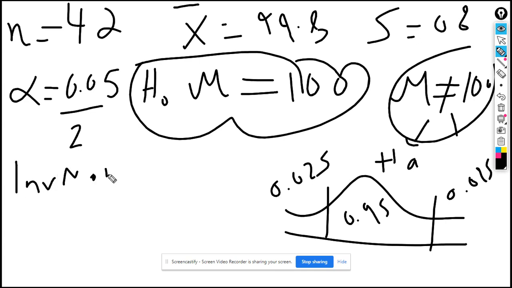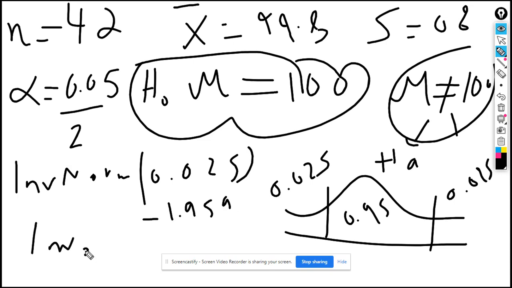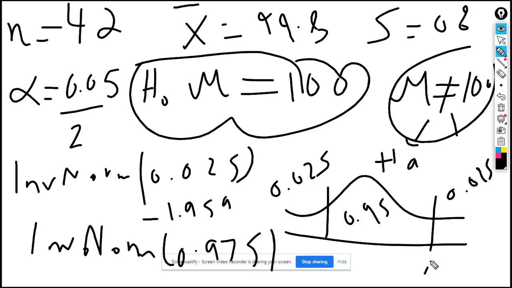Inv norm for 0.025 comes out as negative 1.959, and inv norm for 0.975 gives me the same exact value, 1.959.